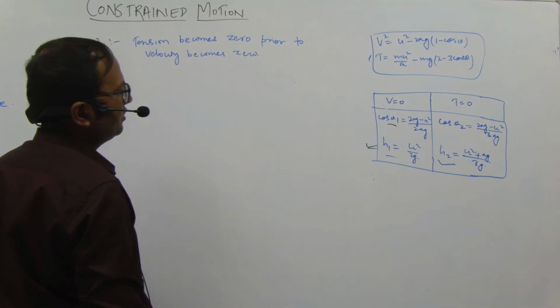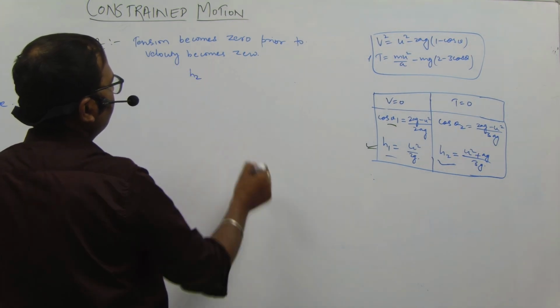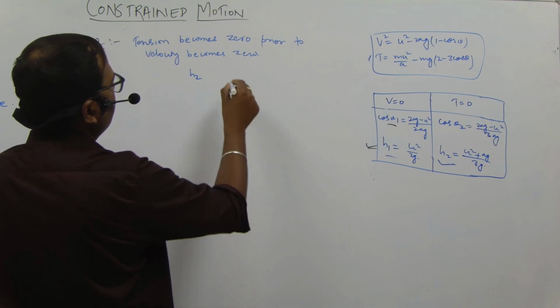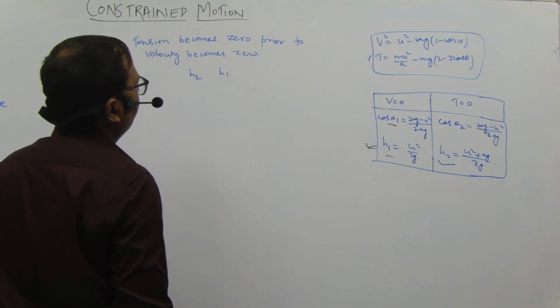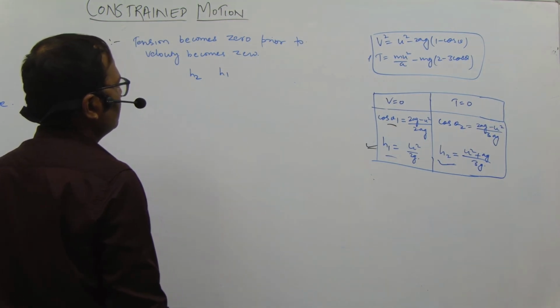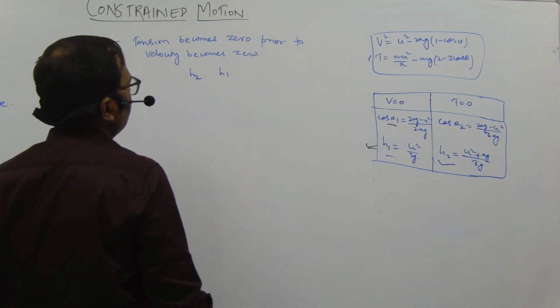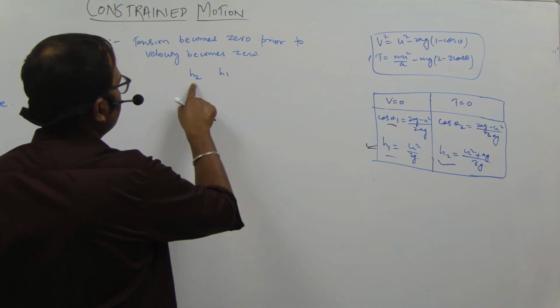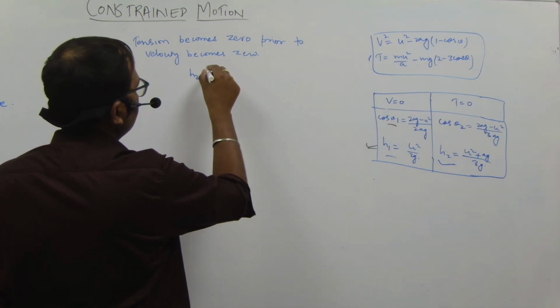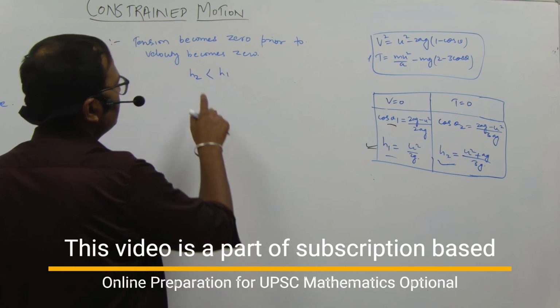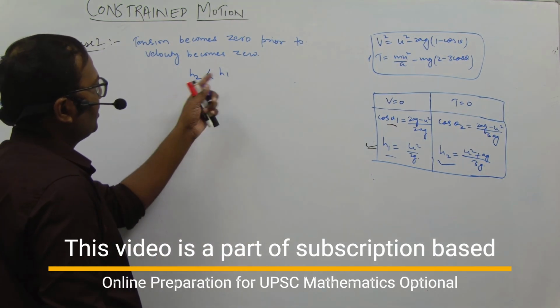So we have h2 as the height from the bottommost point at which tension becomes 0, and h1 is the height from the bottommost point at which velocity becomes 0. So h2 is attained prior to h1. So h2 is less than h1, because h2 is attained prior to h1.